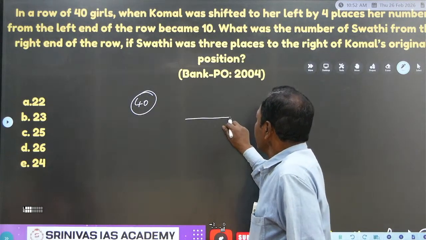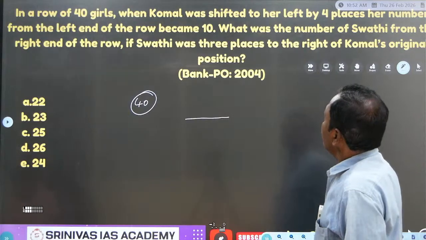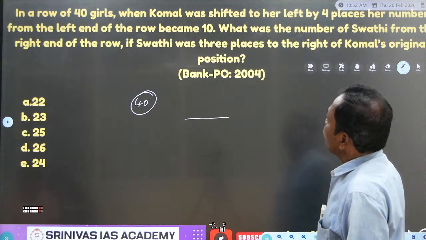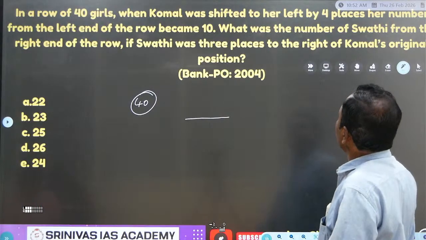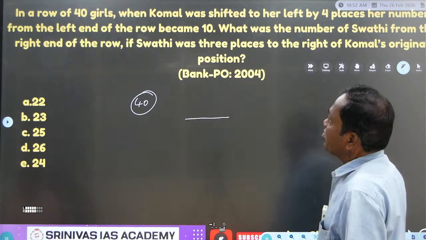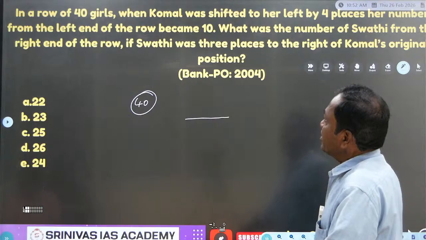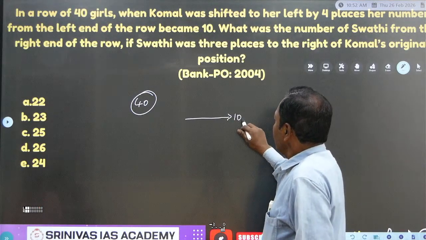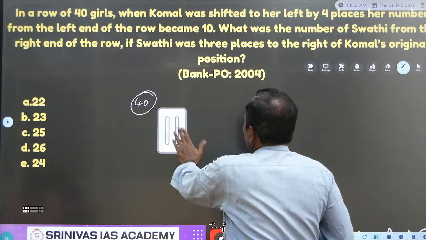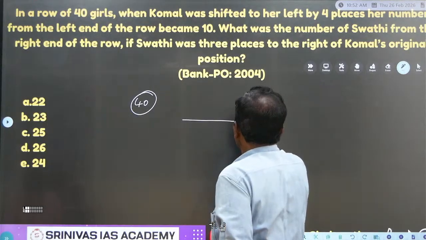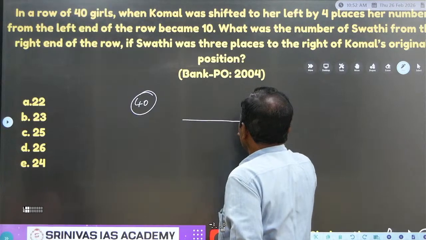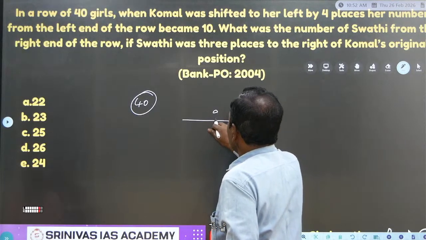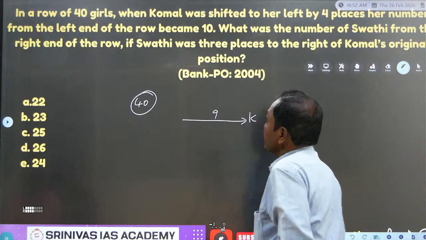Let us see. Komal was shifted to her left by 4 places, and her number from the left end of the row became 10. So this is Komal, 9 becomes 10th, right?